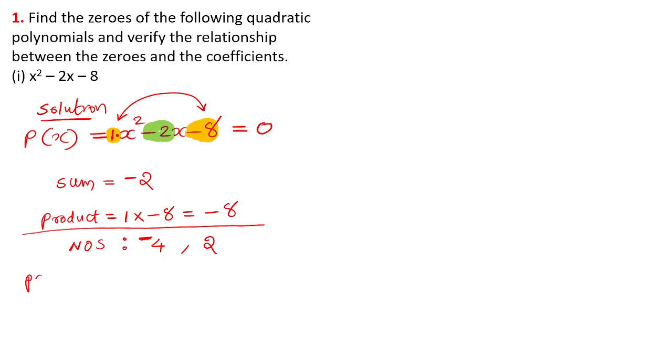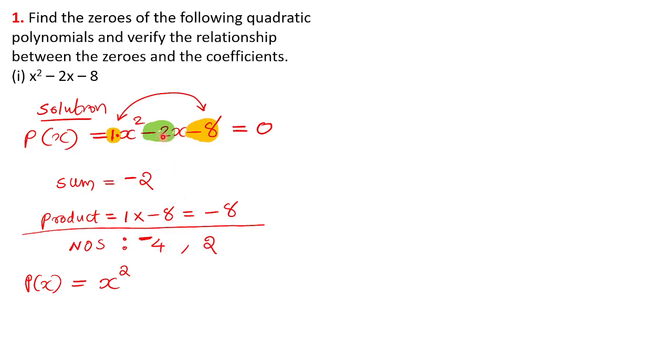So the given polynomial p of x becomes 1x square, you can write x square itself. The middle number minus 2 is in fact the sum of minus 4 and 2.